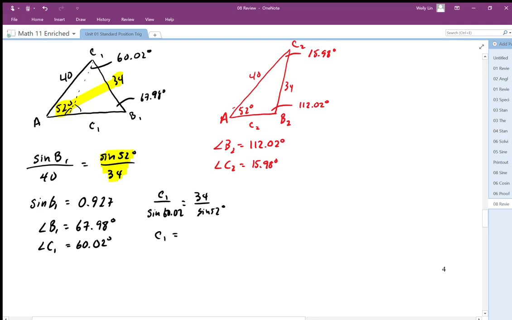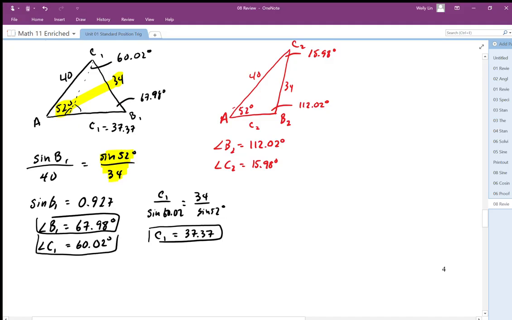So 60.02, the sine of it, times 34 divided by sine of 52 gives me a length of 37.37. That looks about right given those angles, because it's not that far off of isosceles. Okay, so just going to highlight the 3 parts that I had to solve for in this triangle.